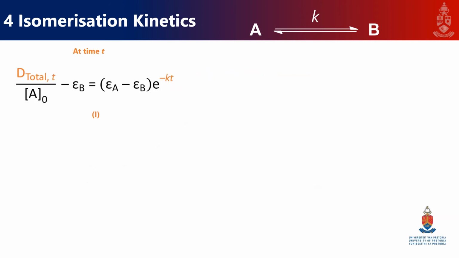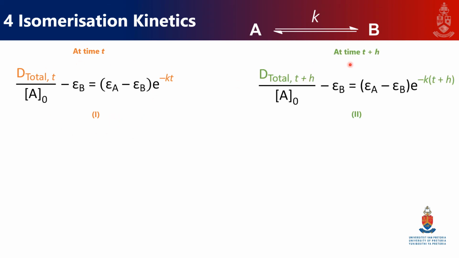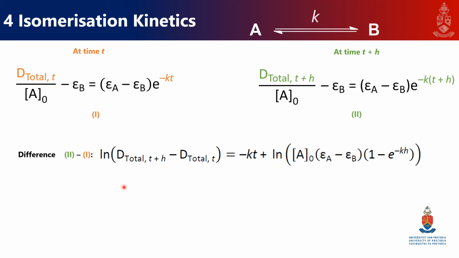So what we have at time t is that equation. Then if we look at some time in the future, so let's say t plus 2 hours, then we have a different equation. And if we look at their difference, we get an equation which resembles the one we had at the very beginning for one species. We have the ln of something equals minus kt plus some constant.